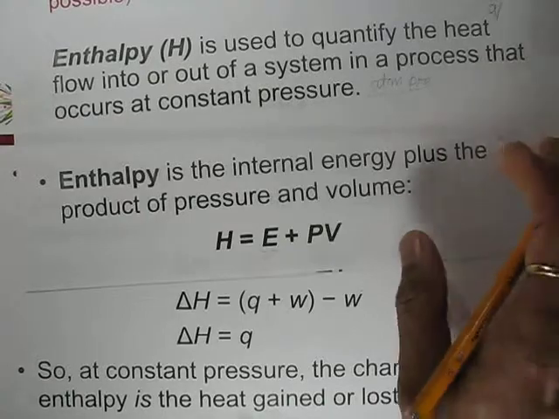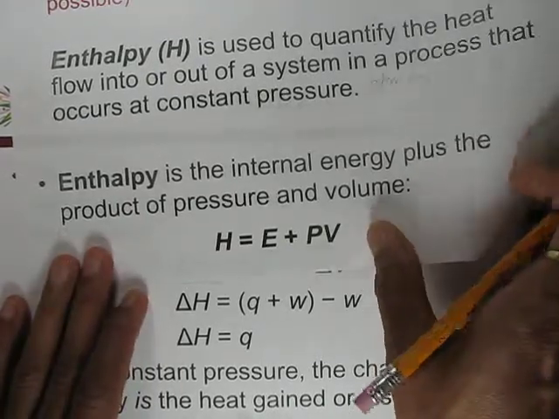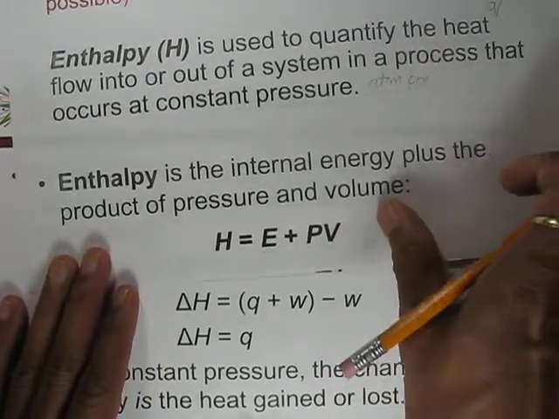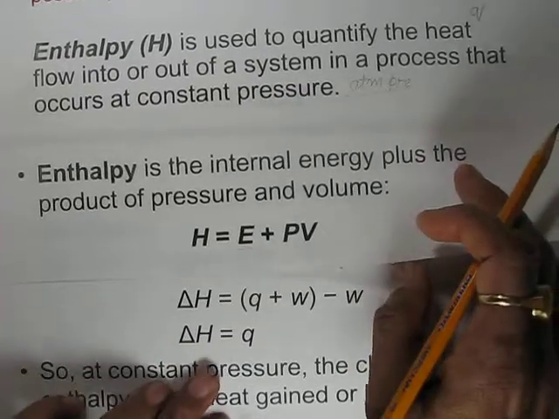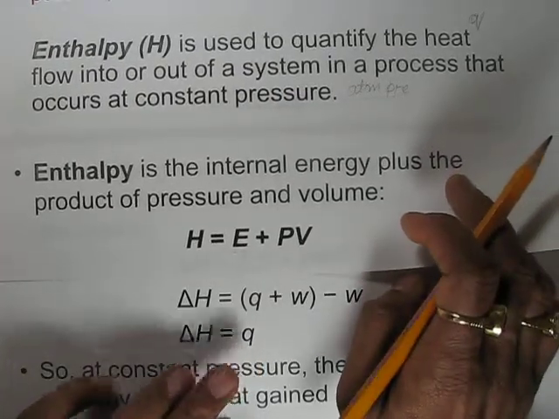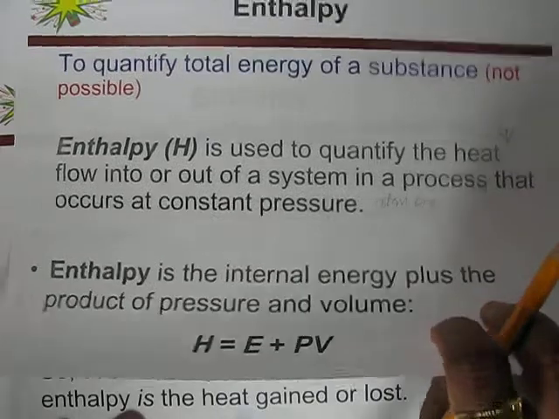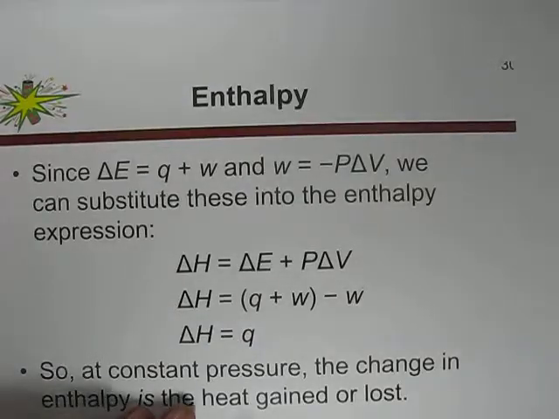So if any system is working at constant pressure, then the change in enthalpy will be equal to heat gain or heat loss. And there are some more important points regarding enthalpy.